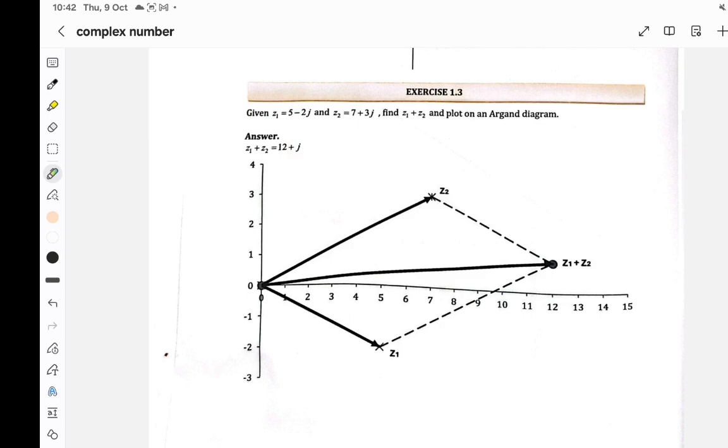In the next subtopic, we will learn how to measure the distance and angle of a complex number on this plane. When I say distance, we have z2, let's say, from the origin, and this is the distance.